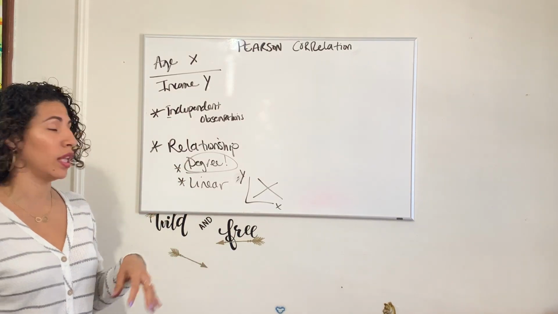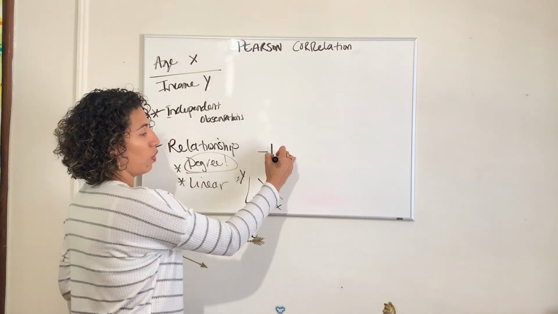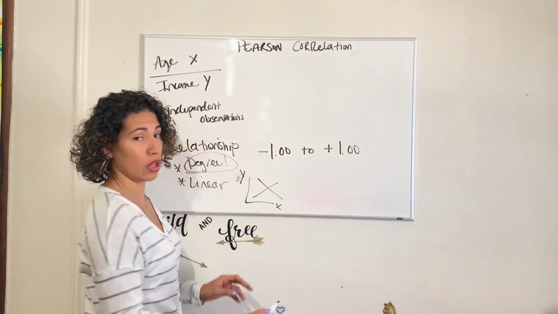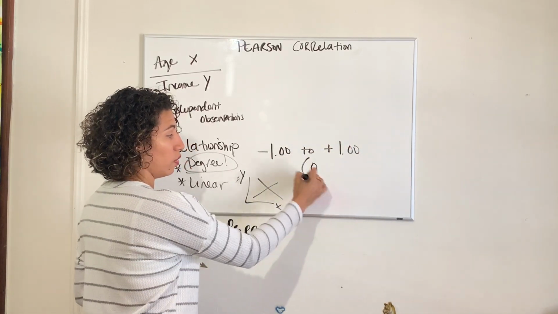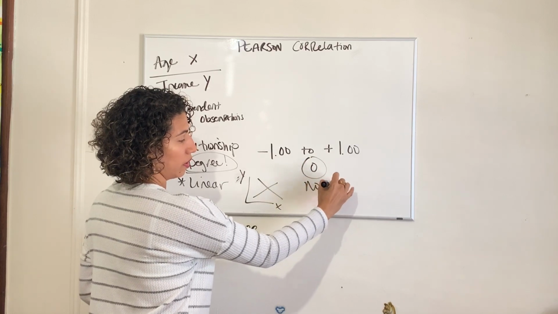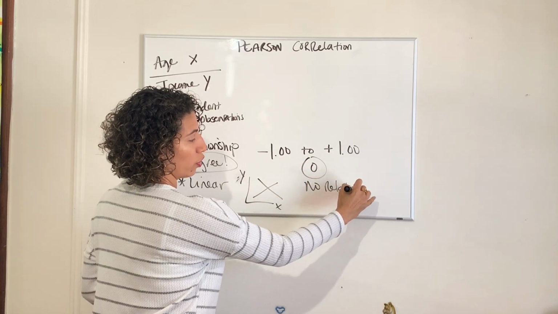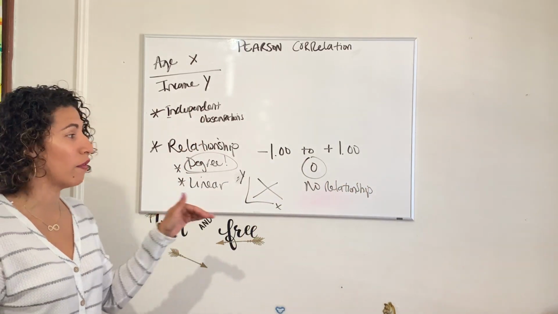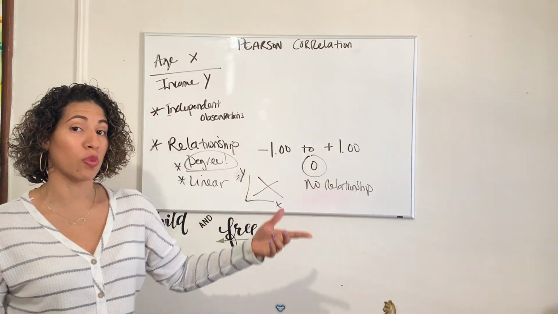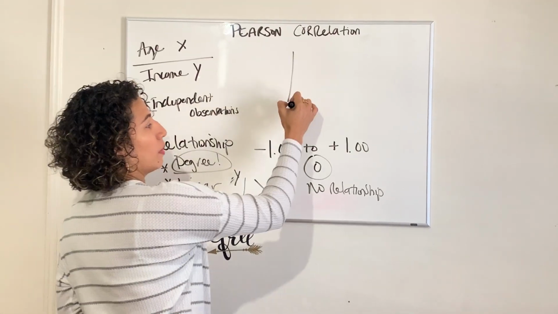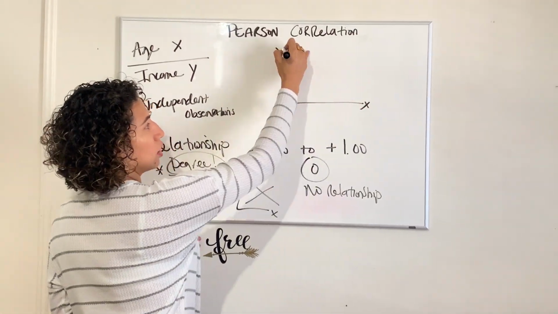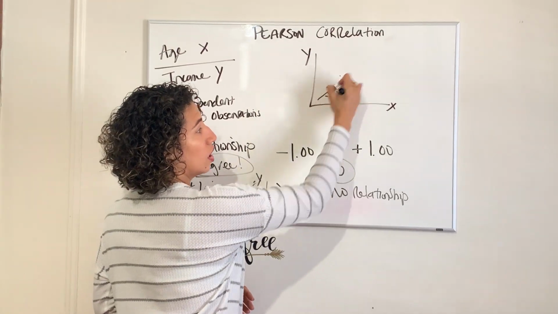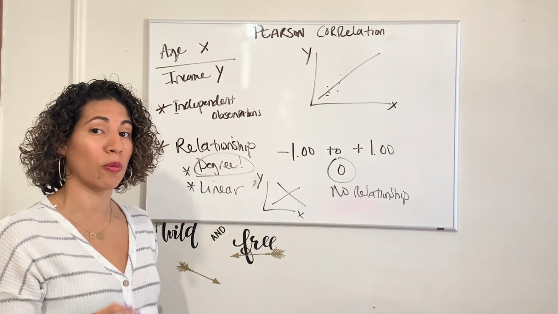The degree of that relationship is measured on a scale from negative 1.00 to positive 1.00. The closer you are to 0, no relationship. So the closer the measurement comes out to 0, that means you have no relationship. The closer you are to 1, the more of a perfect relationship. So if we were looking at this as an X and a Y, the closer the dots come together, the closer you'll be to 1.